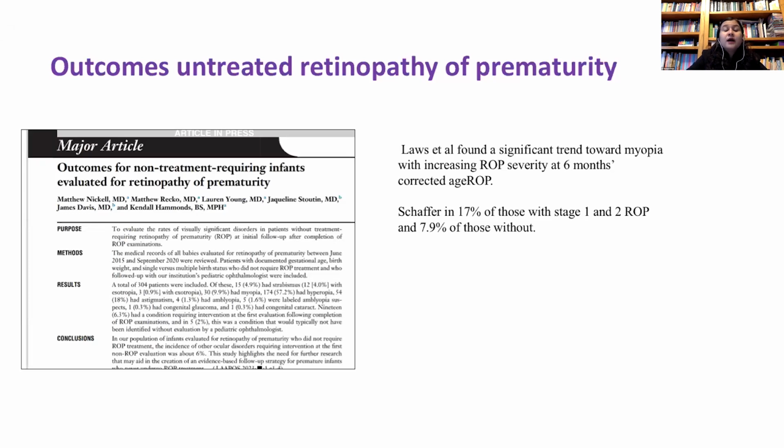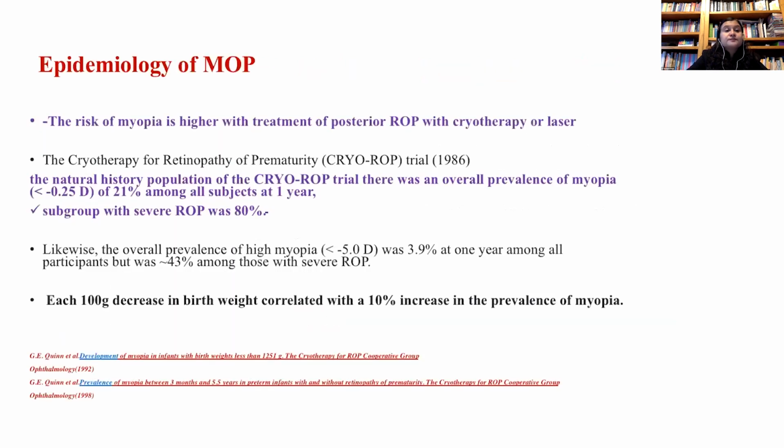The authors again stressed that all children, even non-treatment-requiring infants with ROP, should be checked by an ophthalmologist 4 to 6 months after discharge from the hospital. These are also the guidelines given by the American Association for Pediatric Ophthalmology and Strabismus.